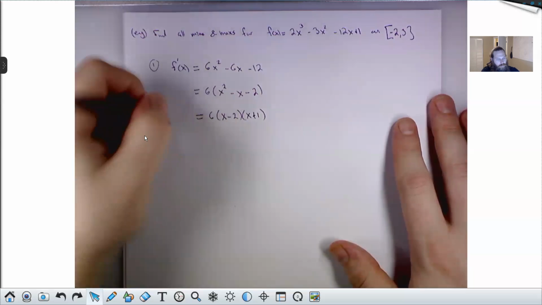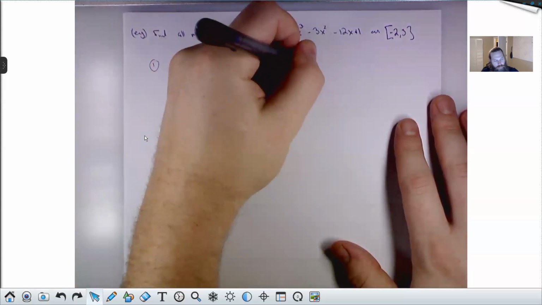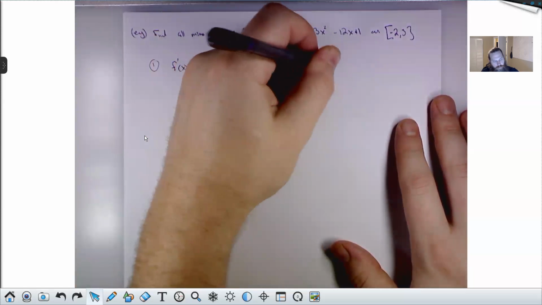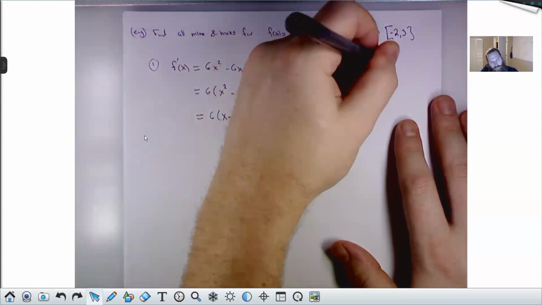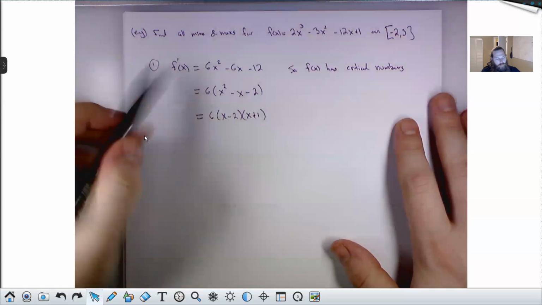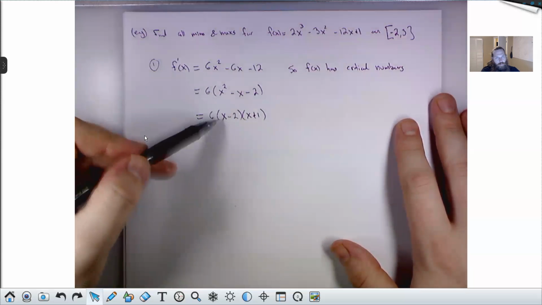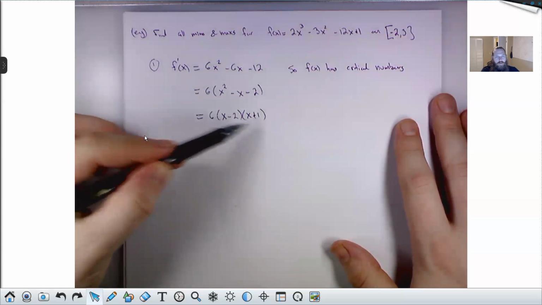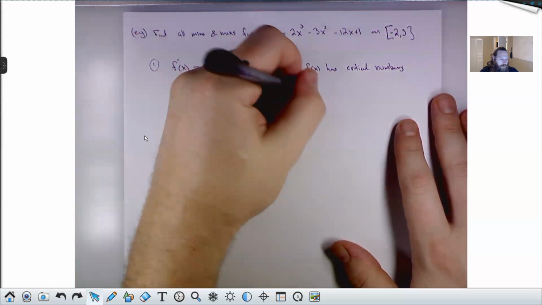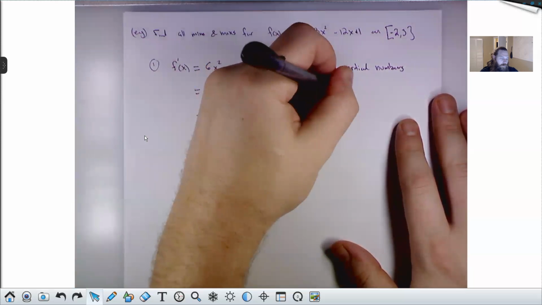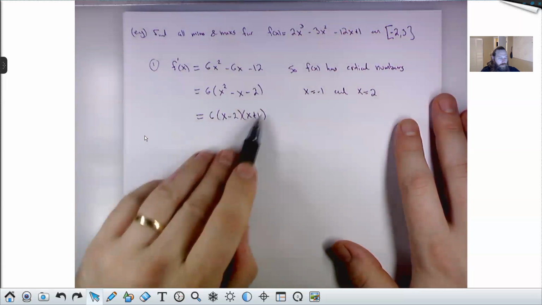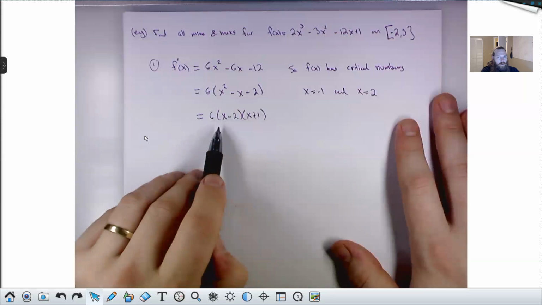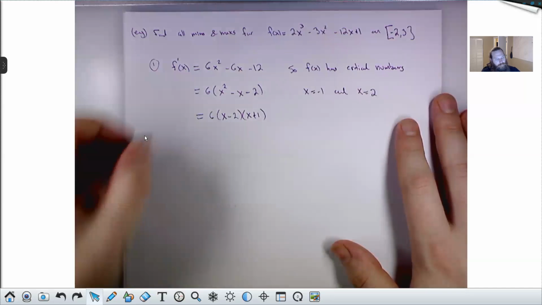So f of x has critical numbers. F prime here is never undefined, it's a polynomial, but it is equal to 0 at x equals -1 and at x equals +2, right? This factor is 0 when x is -1. This factor is 0 when x is +2. So those are my critical numbers.